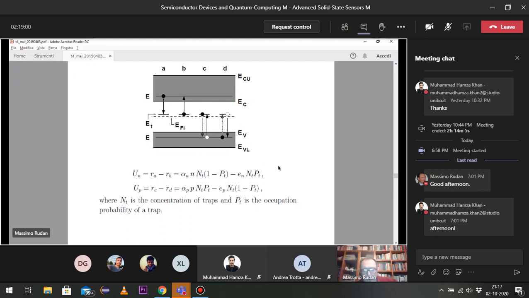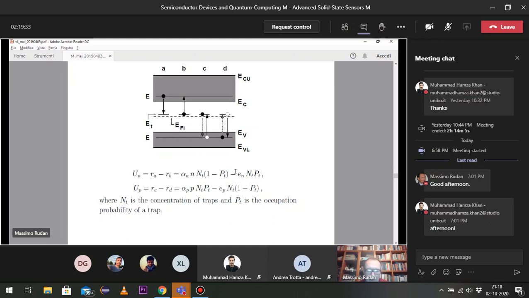We can express this probability as a function of n, p and parameters, so we are not introducing any additional unknown to the semiconductor model, okay? Prior to that, we can try to understand whether the parameters are fully independent or not, okay?